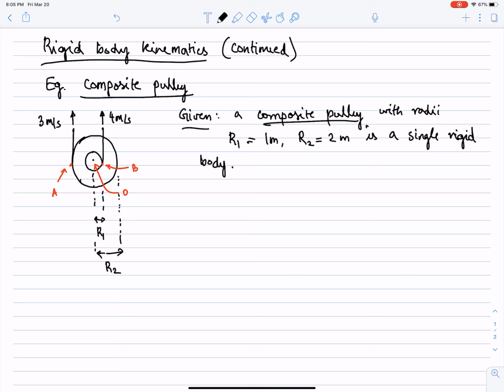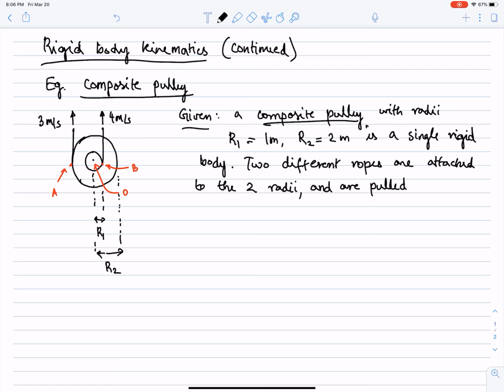Okay, so it's a single rigid body, and it says two, like I just said, two different ropes are attached to the two radii and are pulled up with different velocities, as shown.